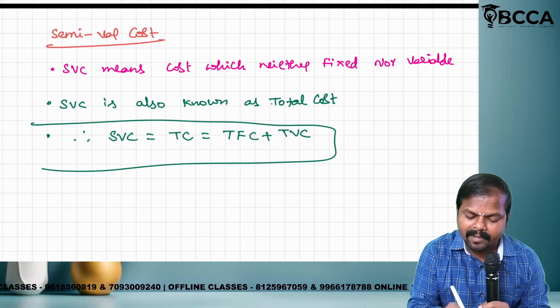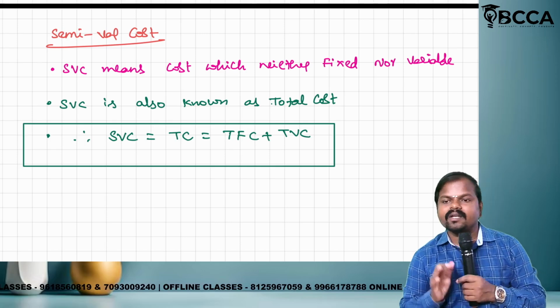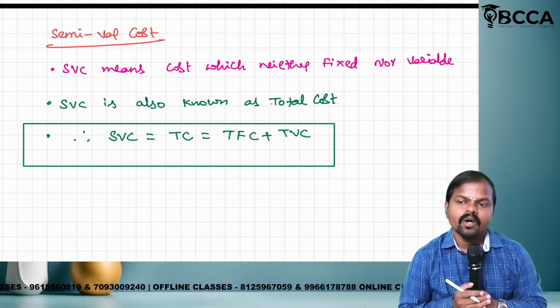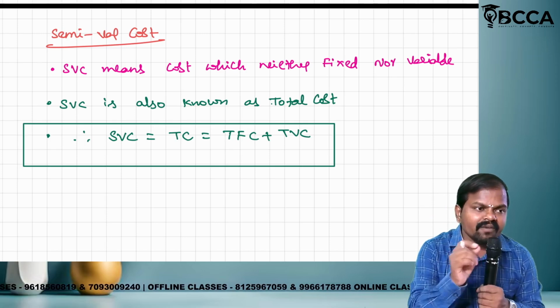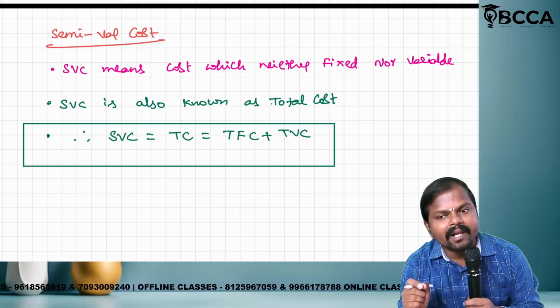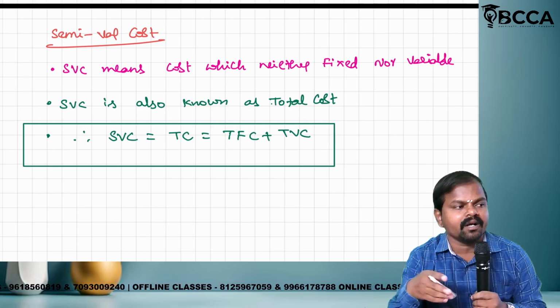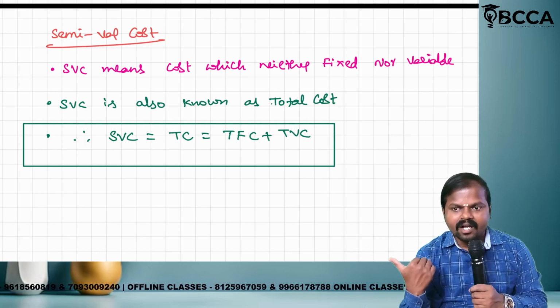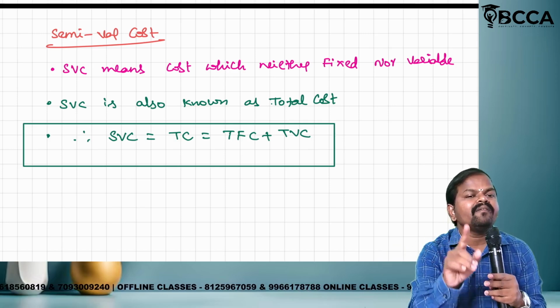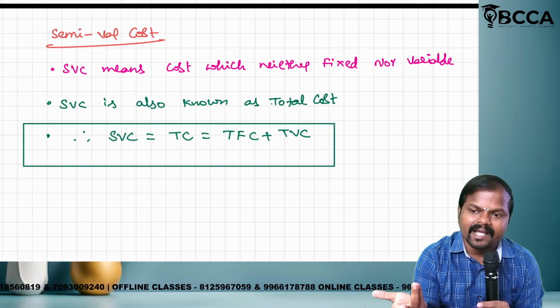TC is total cost, TFC is total fixed cost, TVC is total variable cost. If you add fixed cost and variable cost, I will get semi-variable cost, or we can call it total cost.